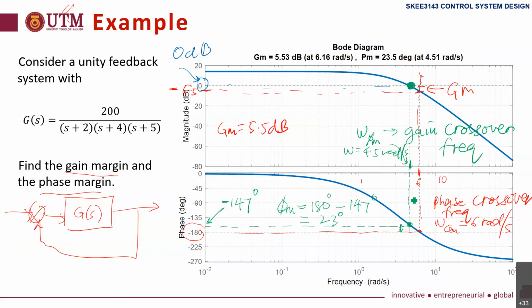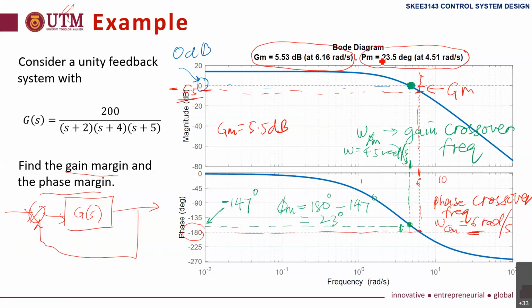Any question? How do I know this? I actually refer to this, which is given by MATLAB, the accurate one. Gain margin 5.53 at 6.16 radian per second.